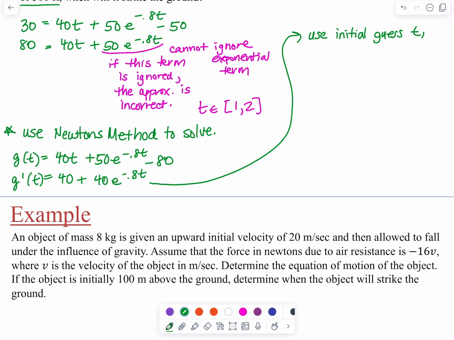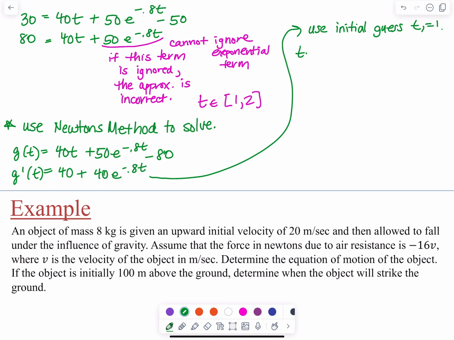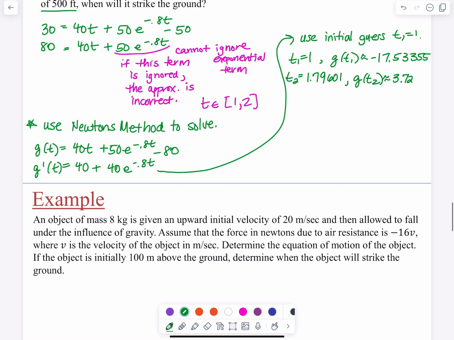And that would be t1 equal to 1, and you could see that. And so we would have t1 equal to 1, and that gives us g of t1 about negative 17.53355. And in continuing in the same fashion, t2 would be 1.79601. And that's giving us g of t2 approximately equal to 3.72461.